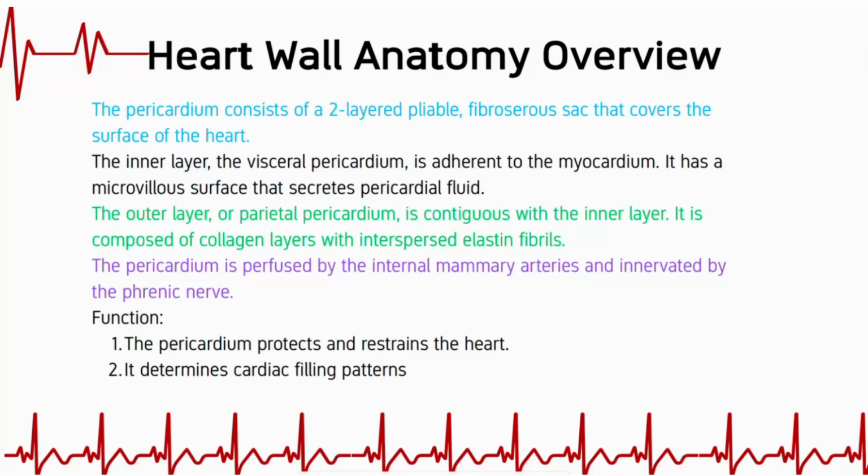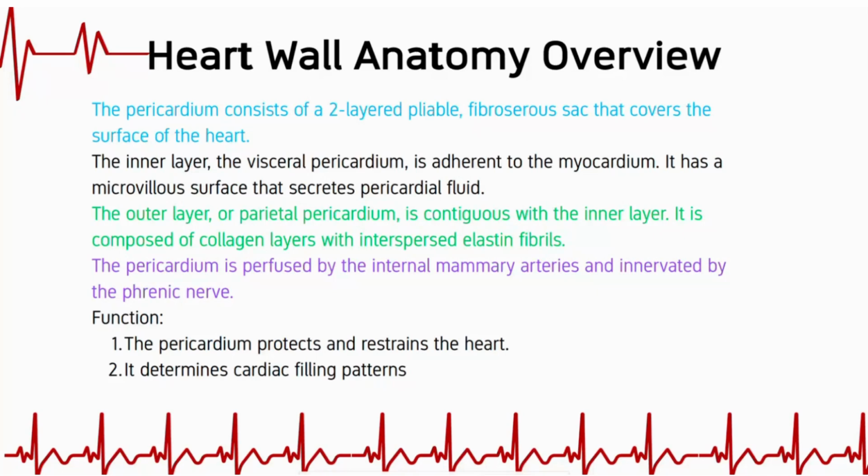The inner visceral pericardium has a microvillous surface that secretes pericardial fluid. This fluid is very important because it allows the heart to move within that space in a frictionless way, and it also allows the heart to dilate freely as well. So this is the function of it.